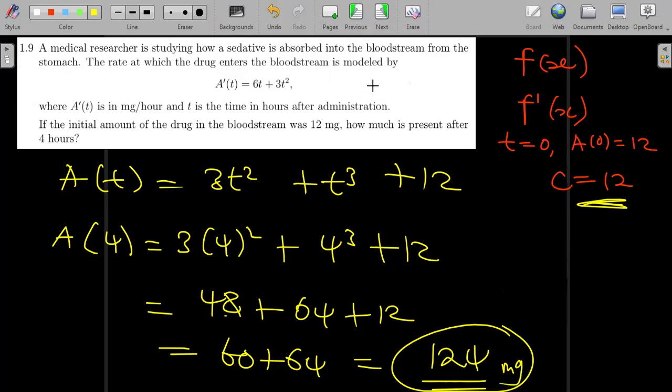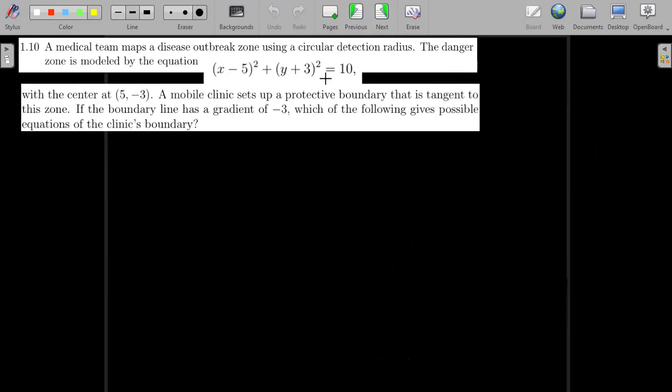Right, let's look at the last question for this video. They're saying here, a medical team maps a disease outbreak zone using a circular detection radius. The danger zone is modeled by this equation here, which is just the equation of a circle with the center 5, comma, minus 3, of course.